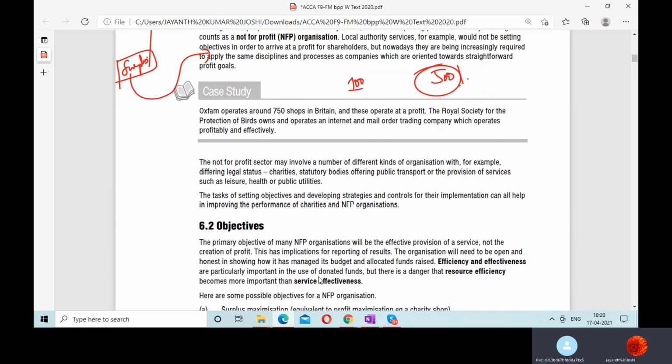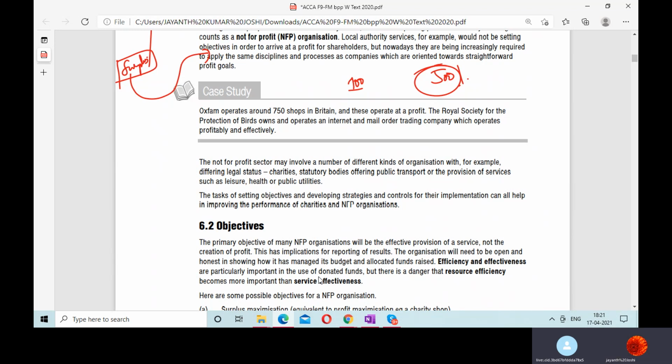Please go for this Oxfam case study. You have to tell me what is happening there. Oxfam operates around 750 shops in Britain, and these operate at a profit.